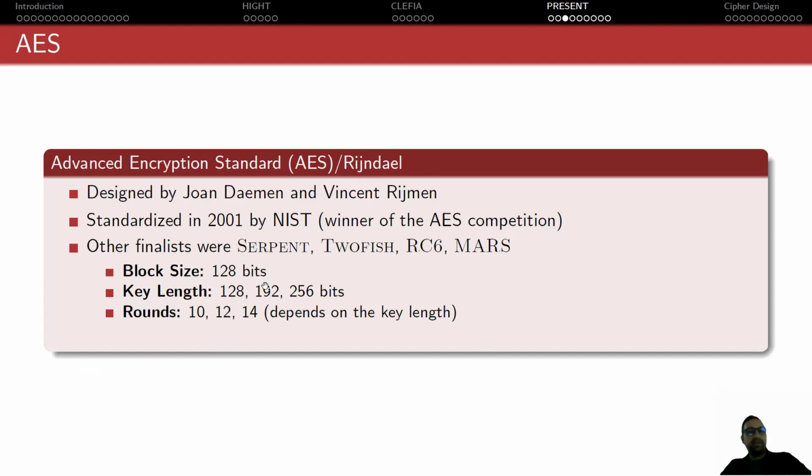The block size is 128 bits. Key length depends on your security level. If you want military grade security, you have to choose 256, but now from here to here the number of rounds increases from 10 to 14. So you get a 40% slowdown, but get military grade security.